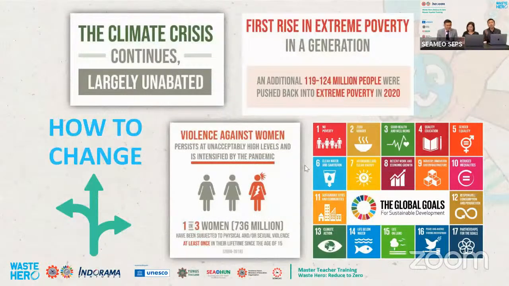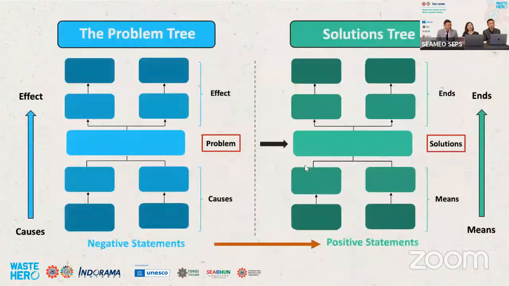For example, the climate crisis, violence against women, and also poverty challenges, to brainstorm problems about the SDGs that they would like to find solutions for. Okay, eventually let them create a problem tree mentioning causes and effects, and also the solution tree to talk about the solution and also the result of those solutions.